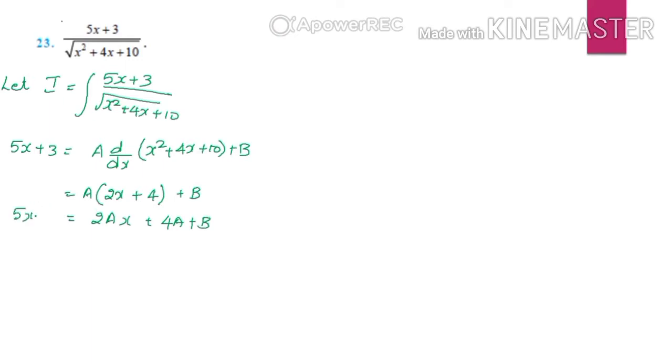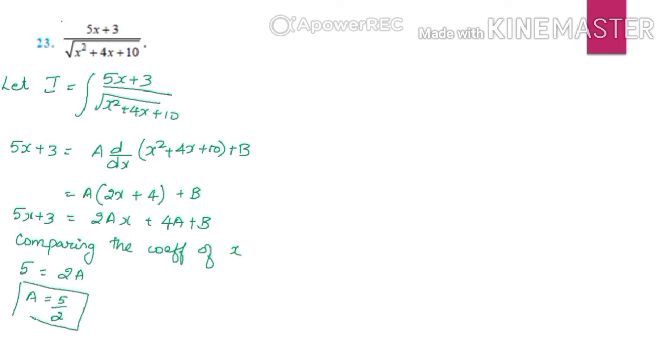So we have to find the value of A as well as the value of B. Let us compare the coefficients of x. When I compare the coefficient of x, we get 5 equal to 2A, so A is equal to 5 divided by 2.